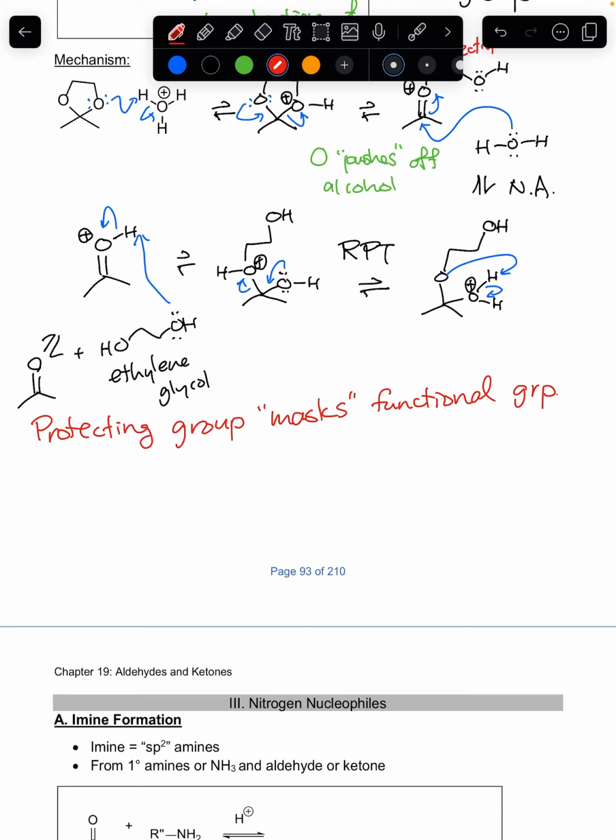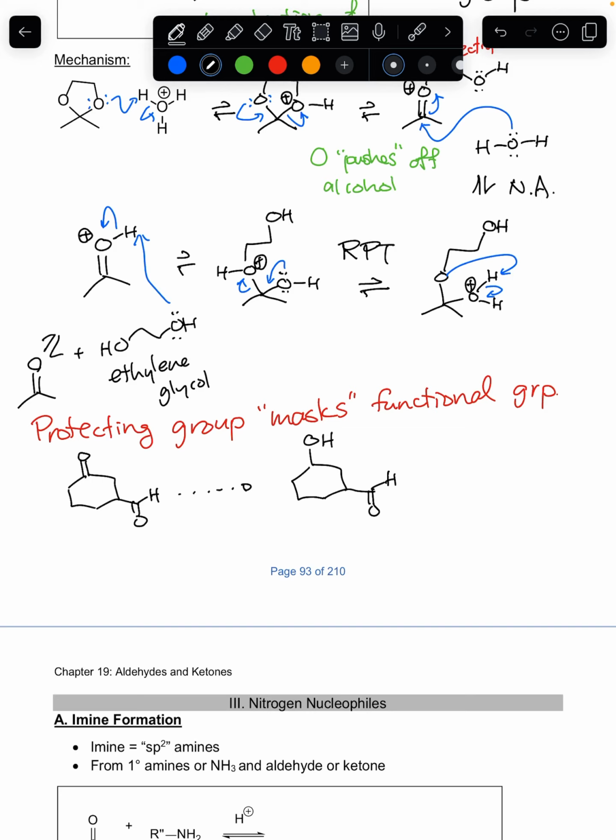Let's say you have this compound that has both a ketone and an aldehyde, and from that you want to make this secondary alcohol molecule while keeping the aldehyde intact. Let's say that particular structure is some desirable drug or something like that. So how would you do it?